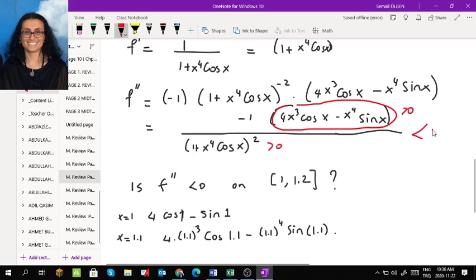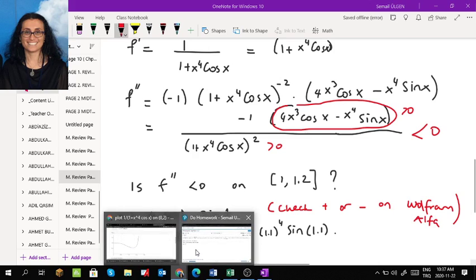This tells us that f double prime is negative, but of course you have to check on Wolfram Alpha whether it's positive or negative, and I checked that that's true. I just went to Wolfram Alpha and drew that graph.